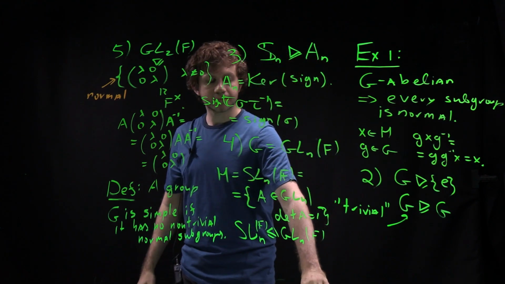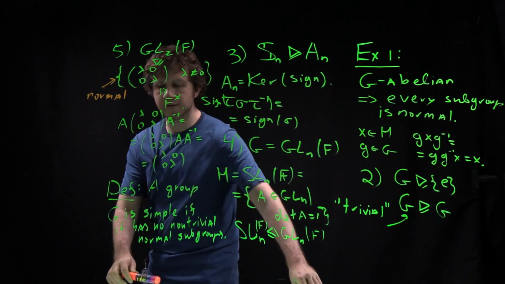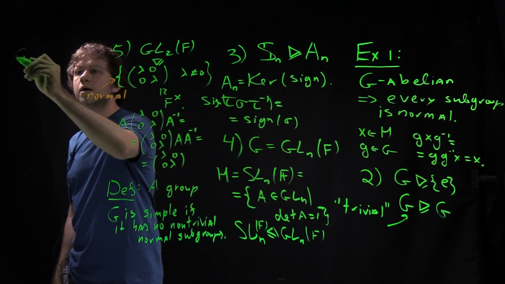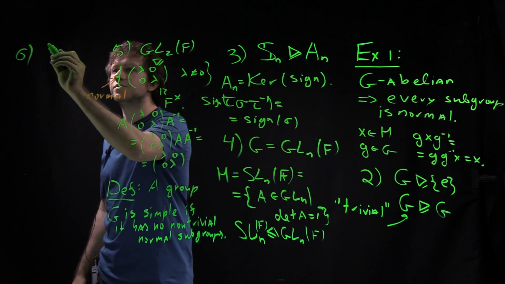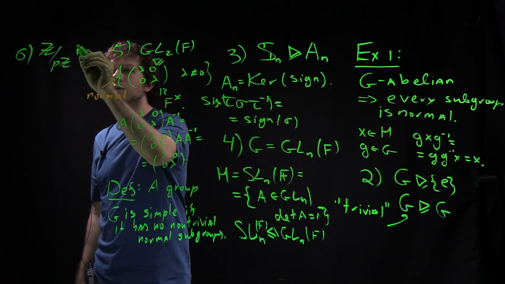Interestingly enough, we have already seen some examples of simple groups. Example number 6, so I talk about normal subgroups and simple groups at the same time: Z/pZ is simple.